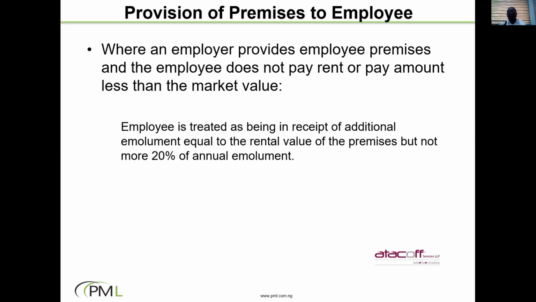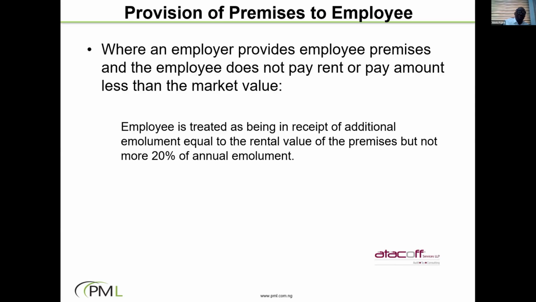Again, if you are an organization that gives personnel accommodation, they have official apartments, this may impact on you. What is expected to happen is that whatever is the value of the apartment that you've given to your employees, the rental value is added to the total emolument of such personnel, not more than 20%.